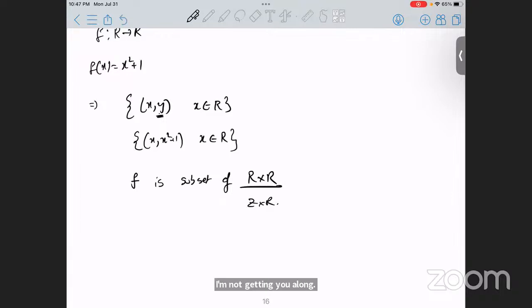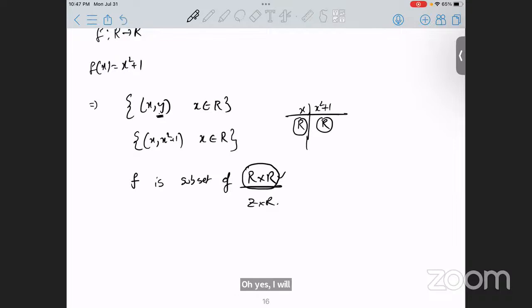Look, x comma x square plus 1. These are the possible x values. x can take any real value, and y can return any real value. So that's why R cross R. Yes, sir. Thank you, sir.